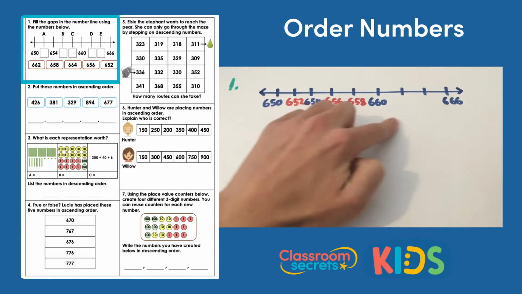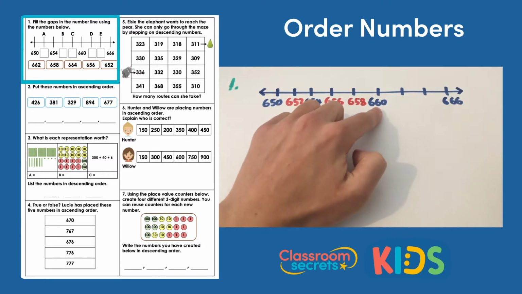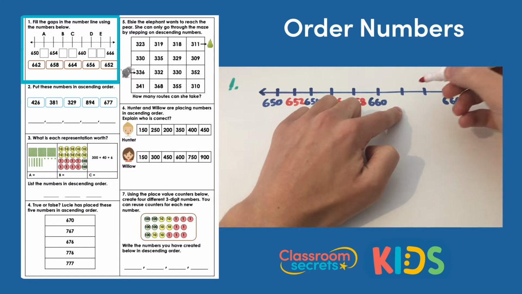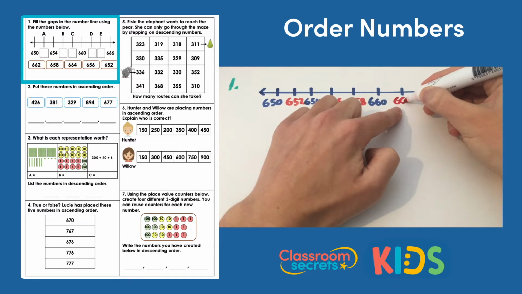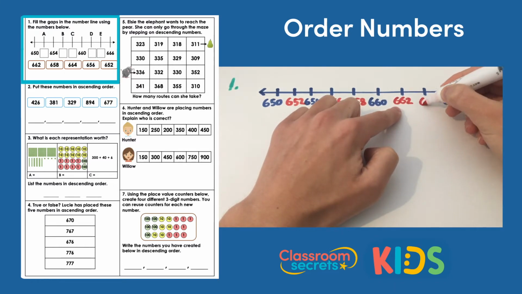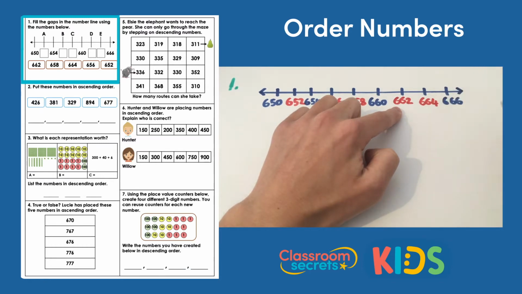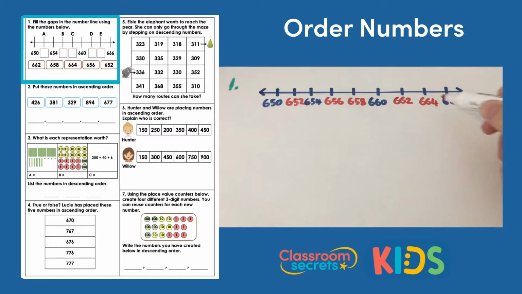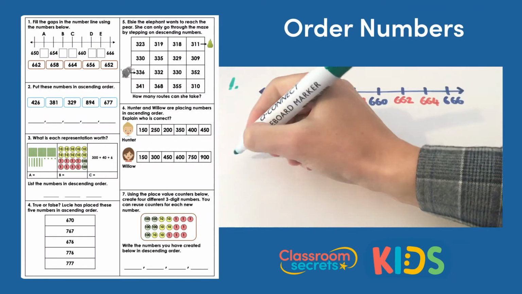So you might be able to complete it that way. 660, then we've got 662, then 664. And I know 662 goes before 664 because even though the hundreds and tens are the same, both 6s, the ones is a 2 which is lower than the 4.